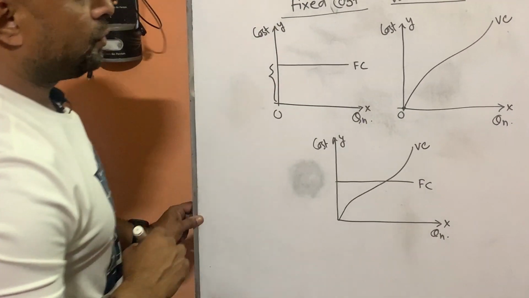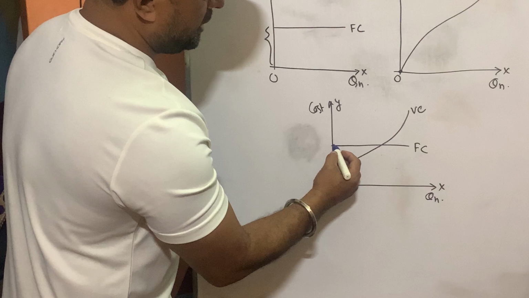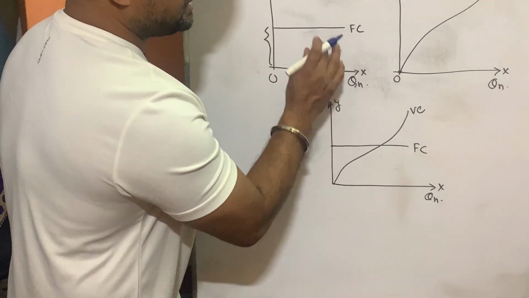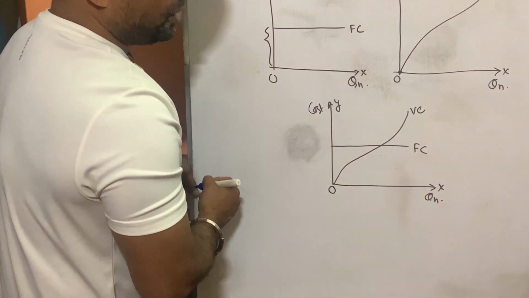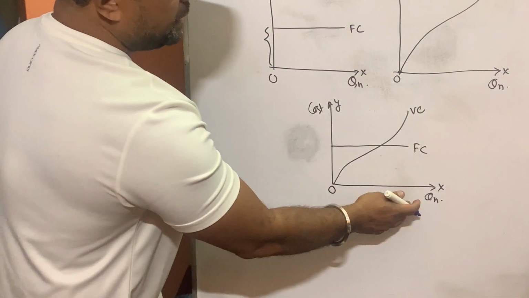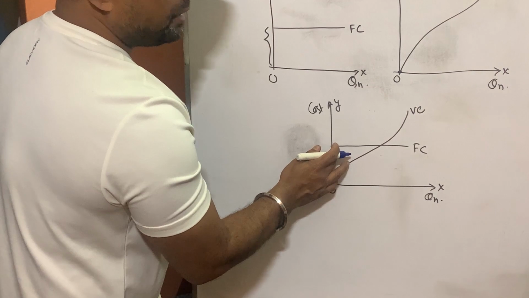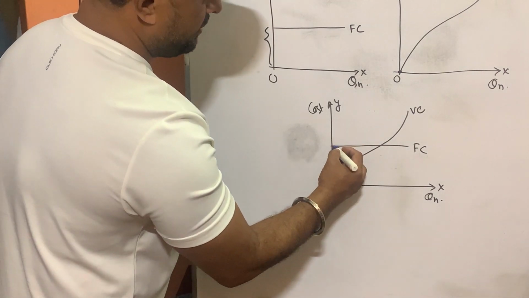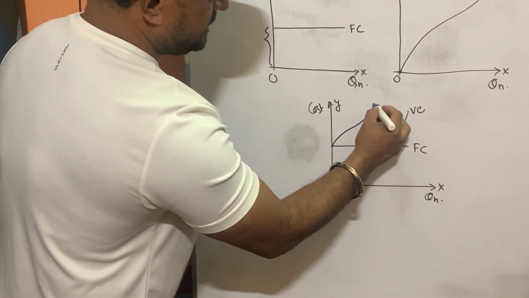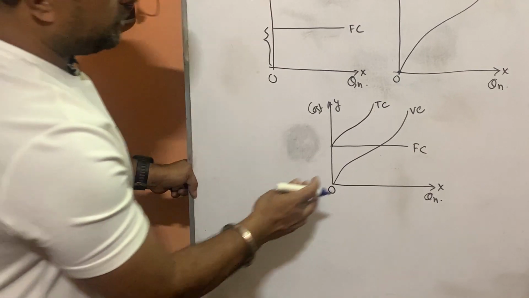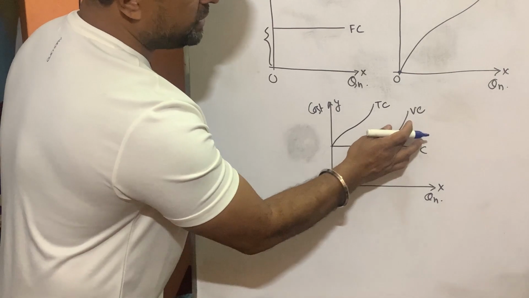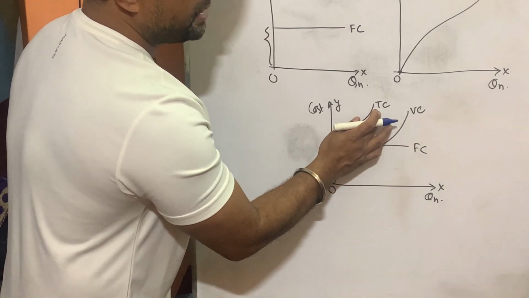Now the total cost curve will start from the fixed cost level, because total cost is the sum of fixed and variable cost, and in the beginning when there is no production, fixed cost is never zero, so total cost also never becomes zero. It is also parallel to the variable cost curve, because with the rise in production, variable cost increases and total cost also increases.